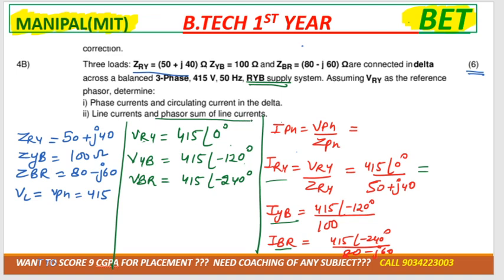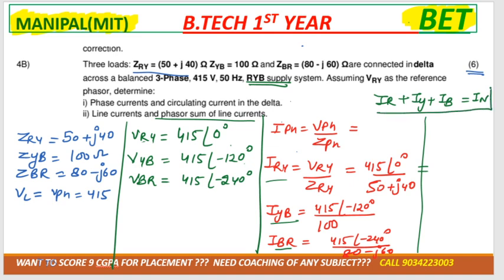Now they are asking the phasor sum of line current. Phasor sum of line current means IR plus IY plus IB. Ideally it should be equal to 0. Okay, but the formula is IR plus IY plus IB is equal to IN. If there is some leakage current, then that would be the current flowing through the neutral. Okay, clear?